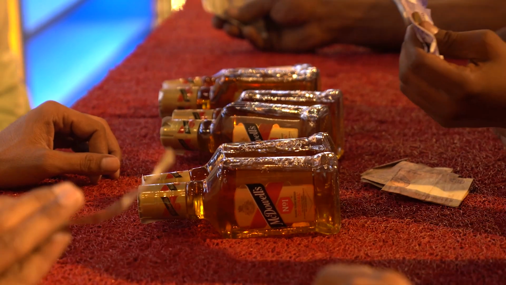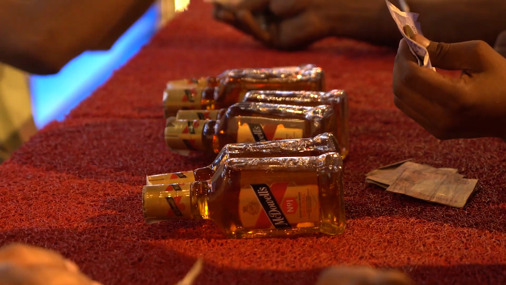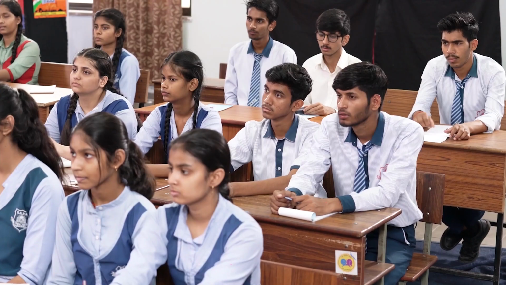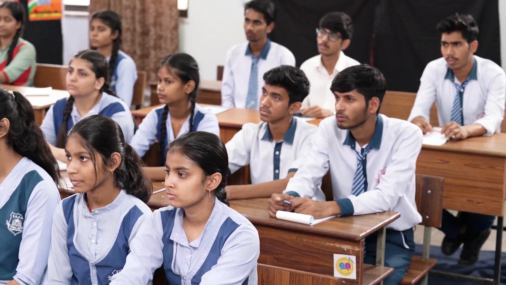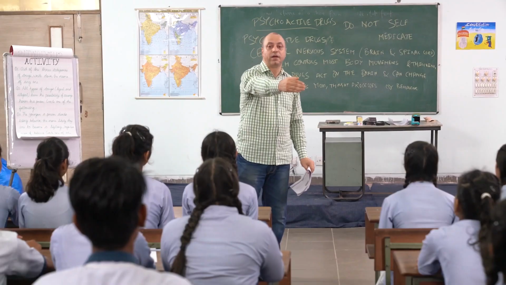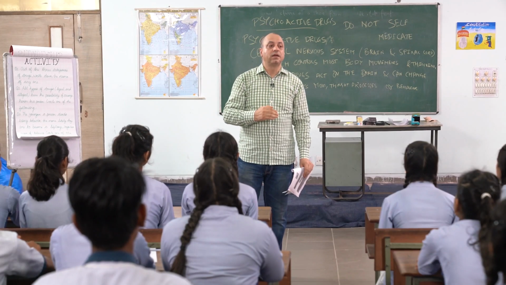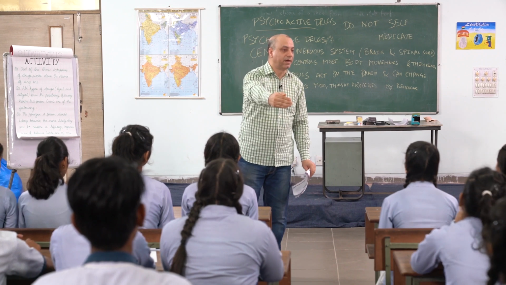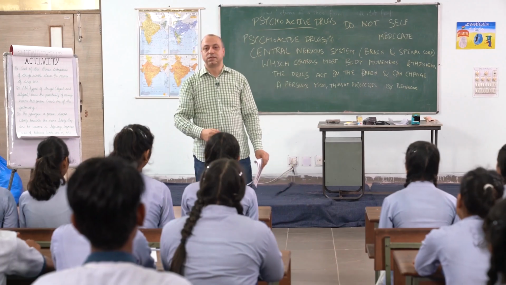You don't need a prescription to buy tobacco or alcohol. They are advertised and made to look glamorous because, as we discussed earlier, these are drugs sold and promoted by companies.